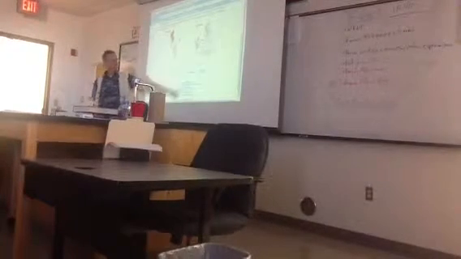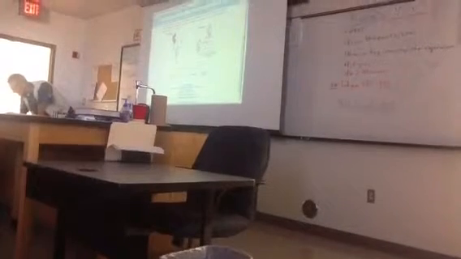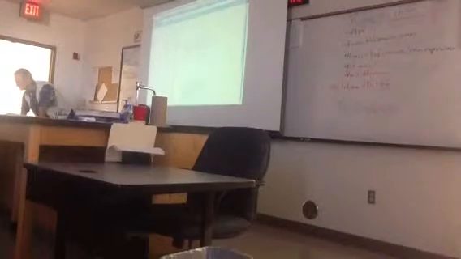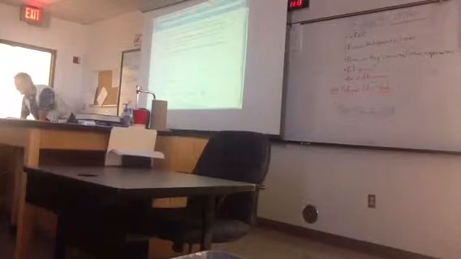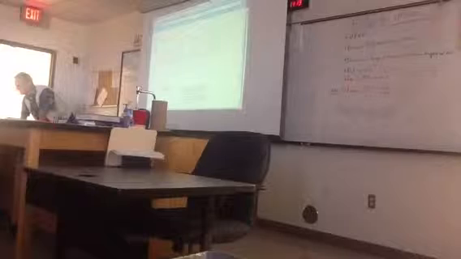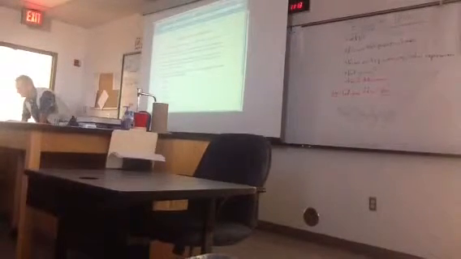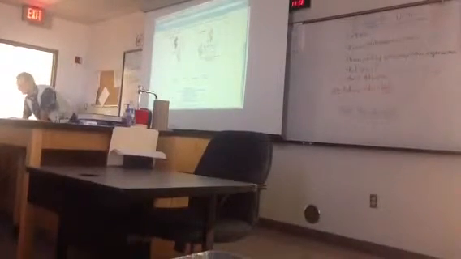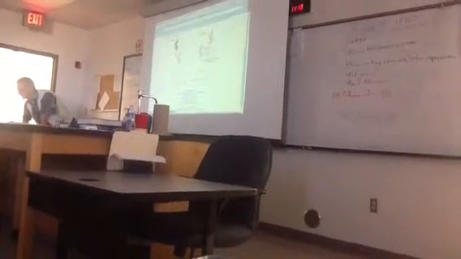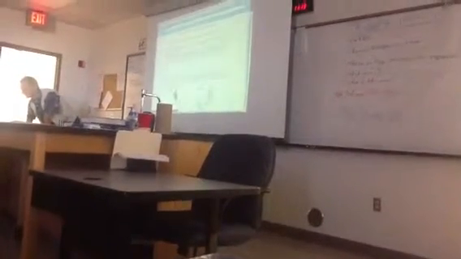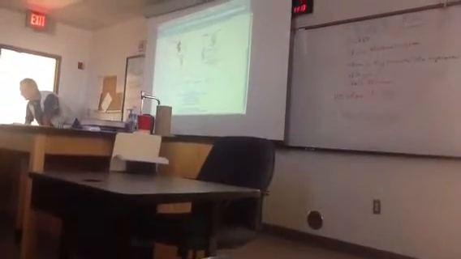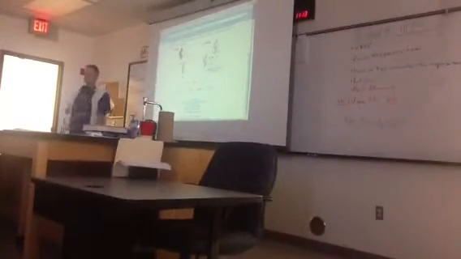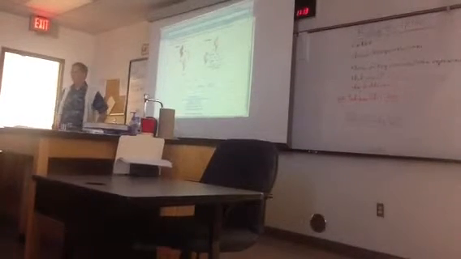You cross two of these again, and what you get is the next one, I think. You cross two of these guys, and basically you're going to get a 1 to 2 to 1 phenotypic ratio, and so that again illustrates incomplete dominance.